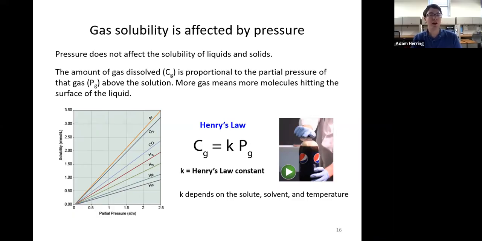Therefore, you are able to dissolve a larger amount of carbon dioxide into the water. And we can see that when we release that pressure by opening up the bottle, the high pressured contents are allowed to escape, and then the pressure of carbon dioxide dissolved in the water greatly decreases, as evidenced by the bubbles that are leaving the solution.